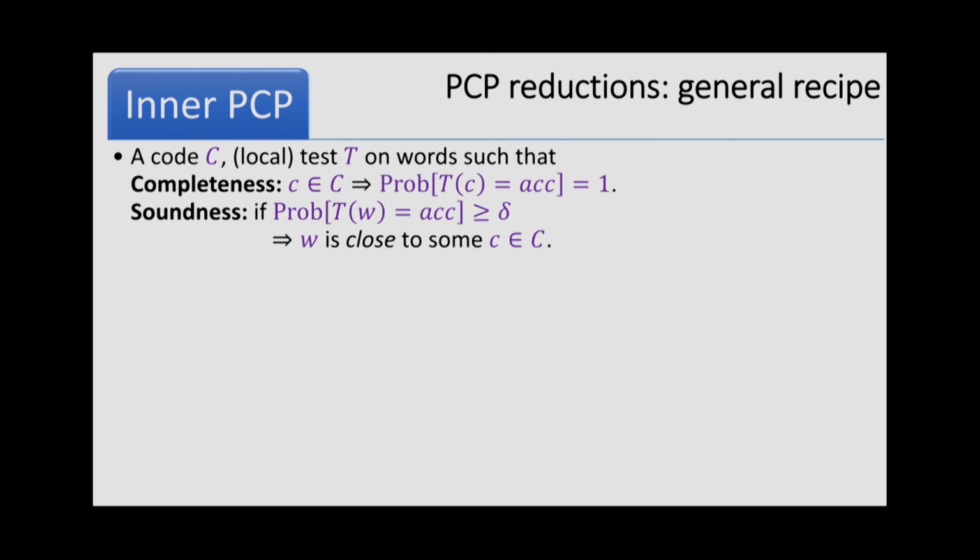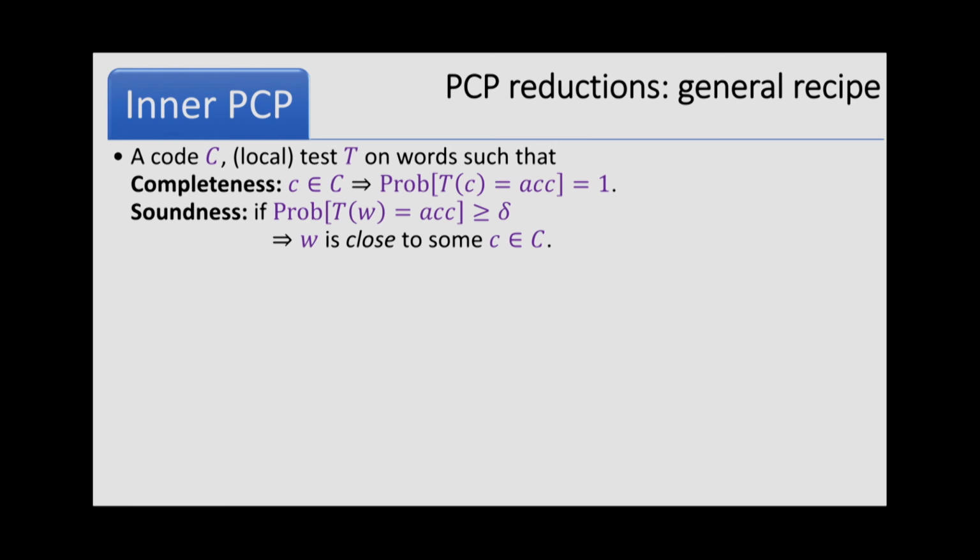We need an error correcting code C, as well as a local randomized tester T for the code. And two properties that we need are completeness and soundness for the test. By completeness, we mean that if the test is run on any legal codeword, then it accepts with probability 1.